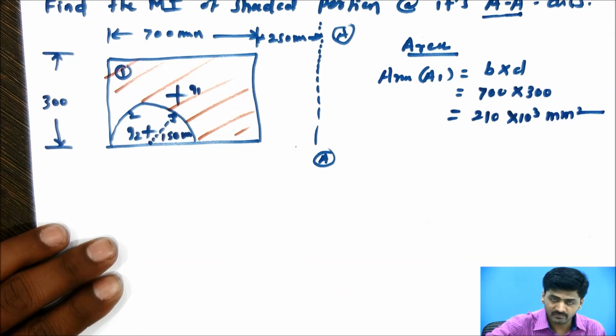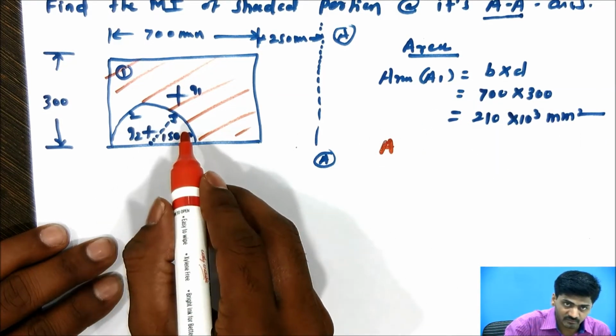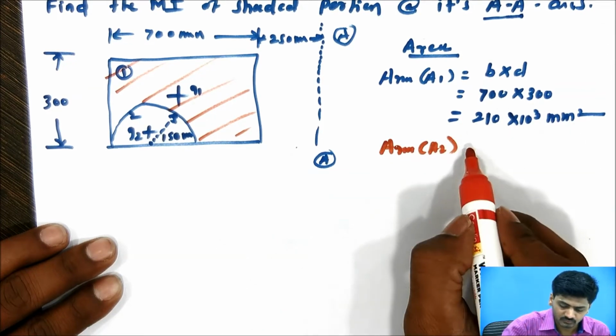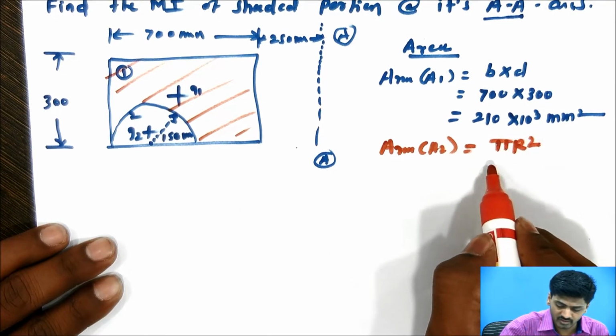Simultaneously, identify the area of the second figure, the semicircle. Area of the second figure A2 is equal to the area of a semicircle, pi r square by 2.